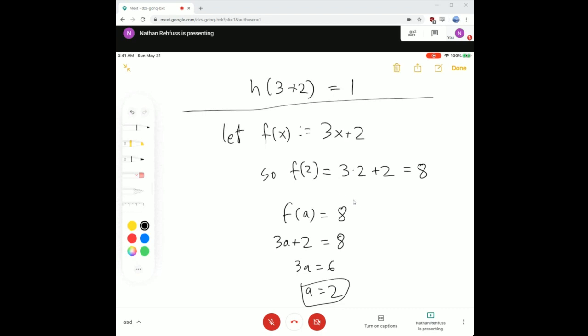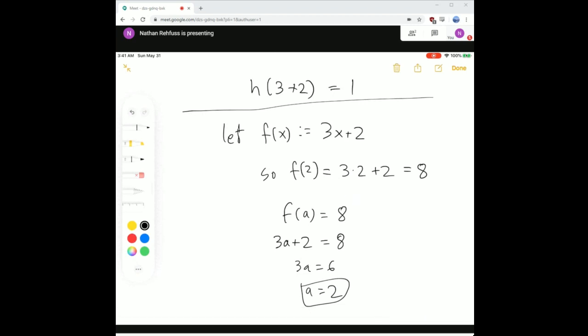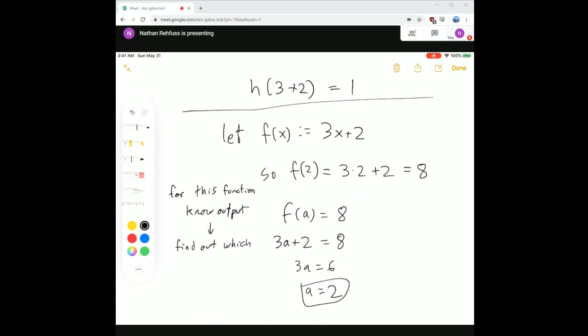So for this particular function, obviously not for h or g, but for this function, if you know the output, we can find out which one input got us that output.